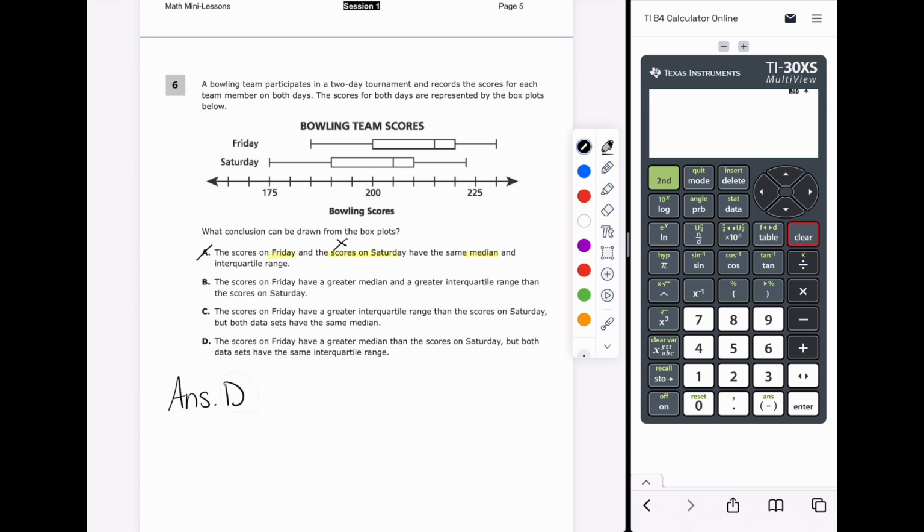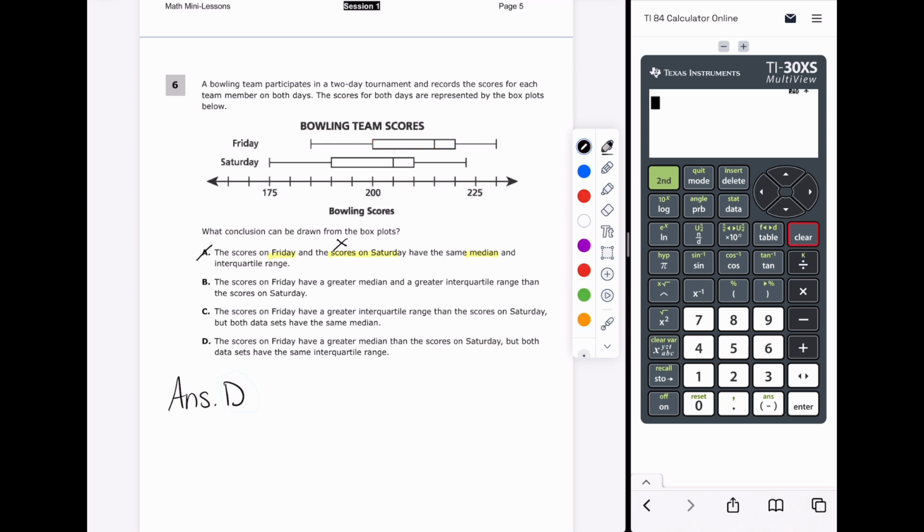true. For the second one, the score on Friday has a greater median. Okay, that's true. Friday does have a greater median and a greater interquartile range. So what that means is from here to here is more than from here to here. Here it goes 5, 10, 15, 20.